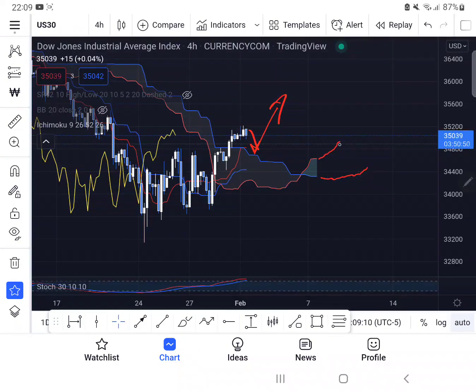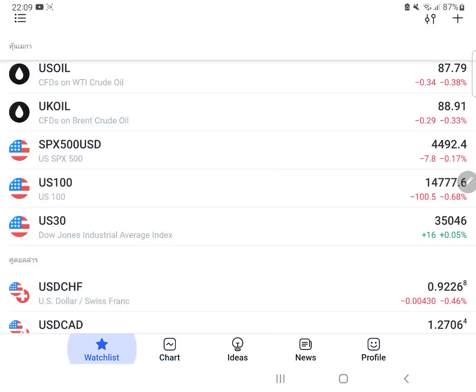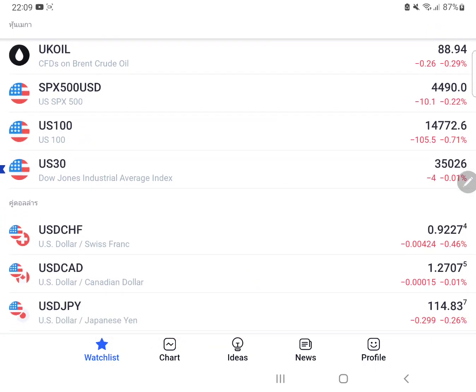A bigger uptrend of the Kumo is coming soon, and the yellow line breaks up this way. So we'll just wait and see for the US 30, or what we call the Dow Jones.